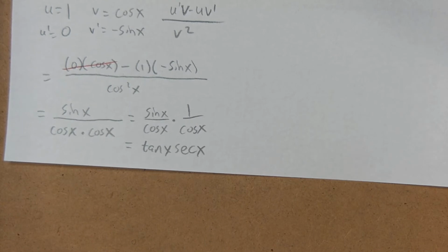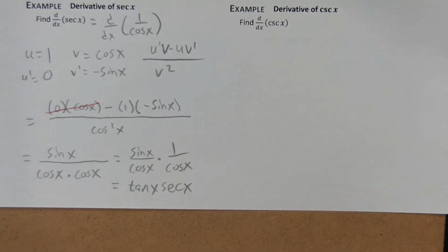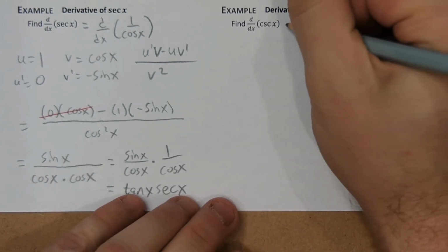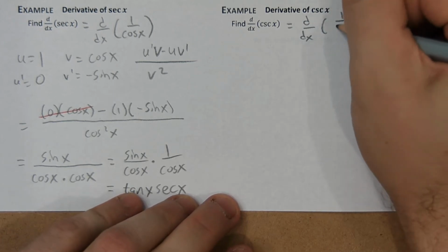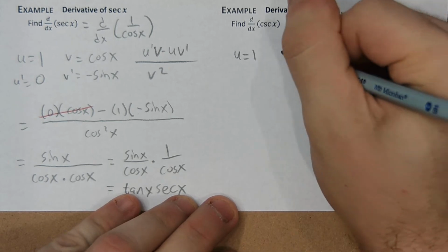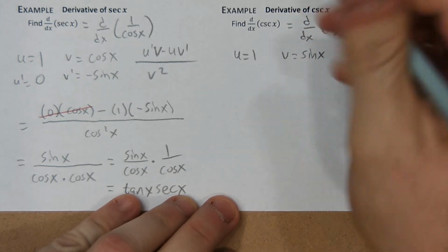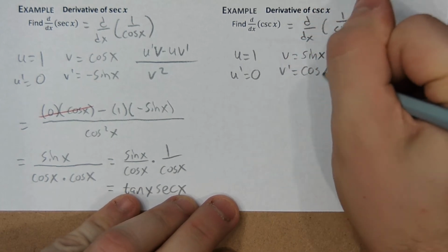And we're going to do the exact same trick for cosecant x. Hopefully you're trying to beat me to these things because it's not magic anymore. See, d over dx of 1 over sine of x. Where u is equal to 1 again, but this time v is sine x, u prime is 0, v prime is cosine x.